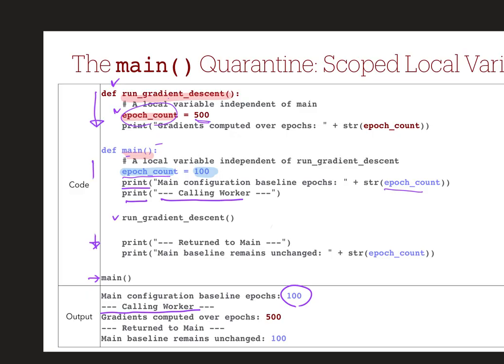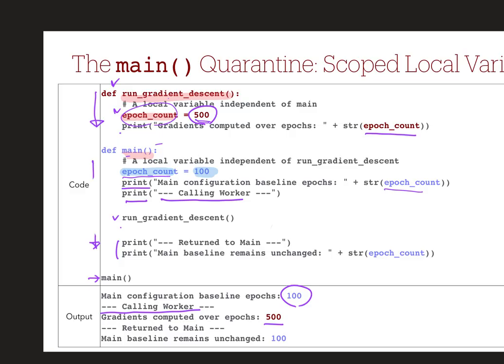And then that value is printed. So 500 is printed. When that is done, you go out of the function and execute the two remaining statements of the main function. When you go out of the run gradient descent function, at that point, this epoch count with value 500 will be erased.